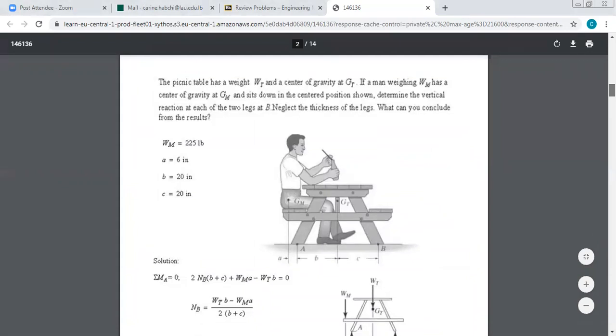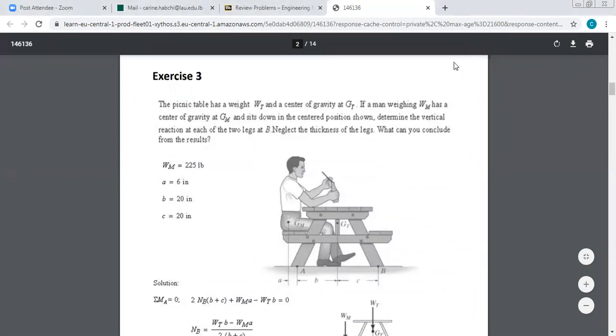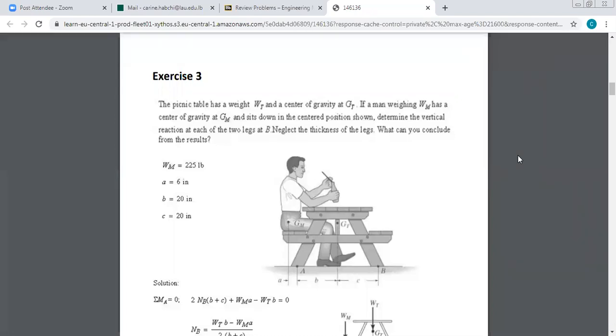Okay, another problem. A table has a weight WT and a center of gravity at GT. If a man weighing WM has a center of gravity GM and sits down in the centered position shown, determine the vertical reaction at each of the 2 legs at B. Neglect the thickness of the legs.